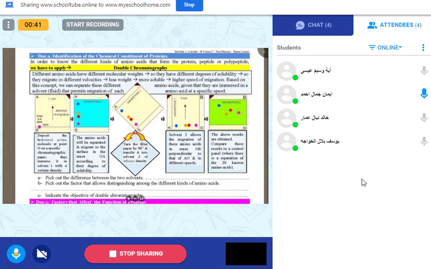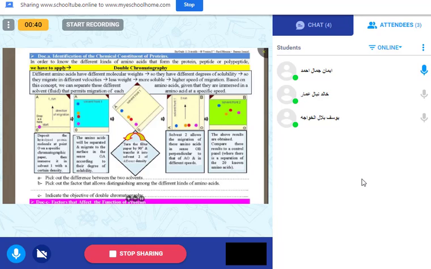Even if I put them in a solution, I cannot separate them or identify them. So I need a technique. The technique here is called what, Iman? Double chromatography, exactly. We have to use double chromatography.